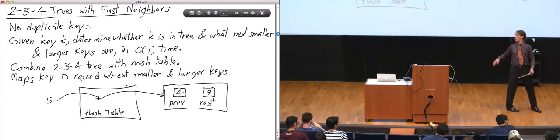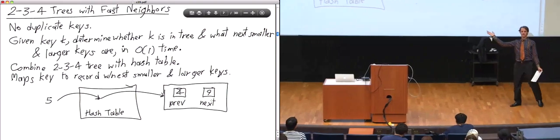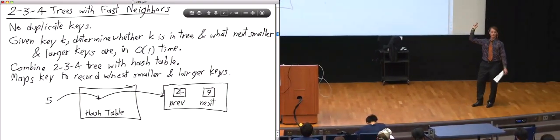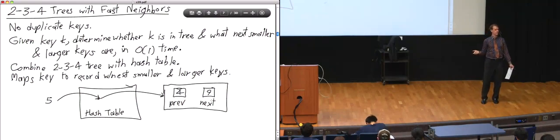And so if you have this stored in your hash table for every key, then obviously this allows me to do what I want, look up that information in constant time.